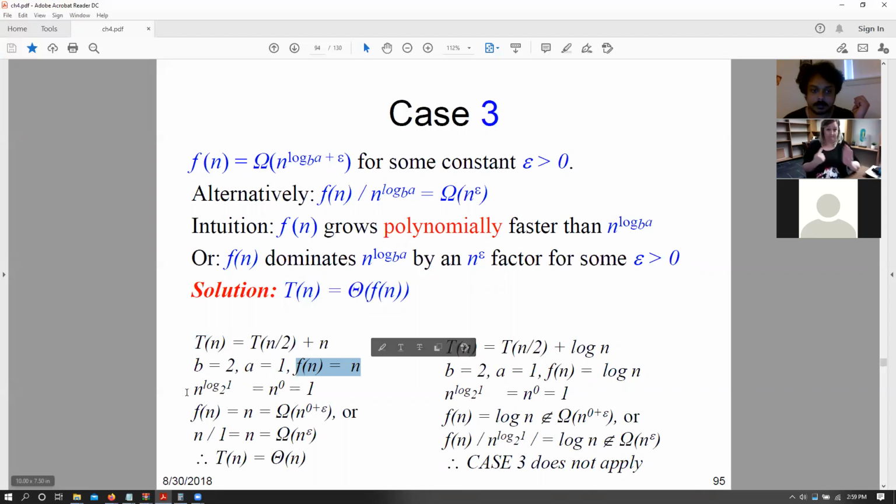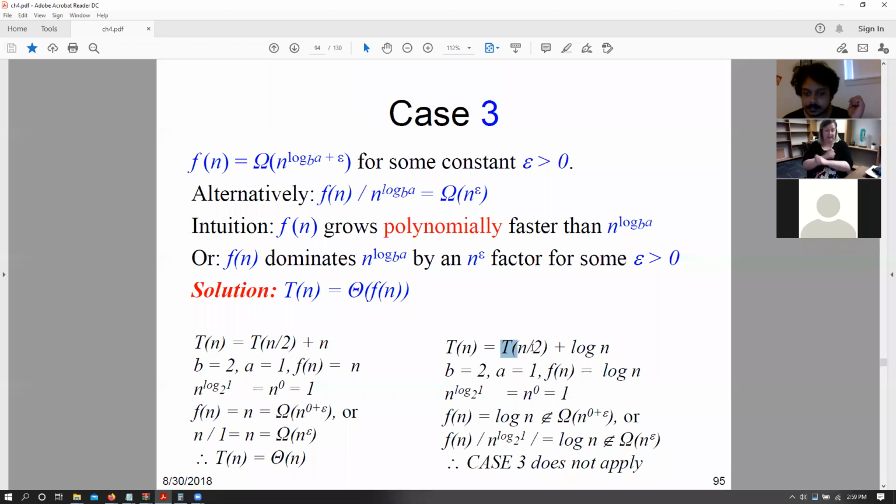F of n is n. N raised to log base 2 of 1 is going to be 0. So we have n raised to the power of 0 is 1. Epsilon here can be considered as 1 because we want to find out that particular value. And then it basically says that n is big omega of n. And then we can say that if that is the case and it does apply, then f of n is your time complexity. So we get n, right?